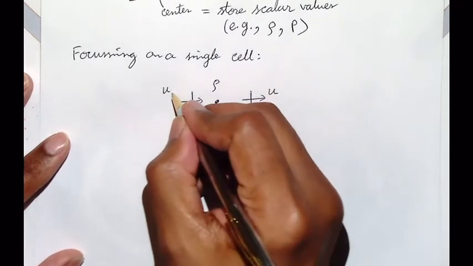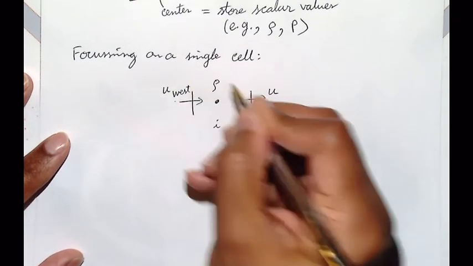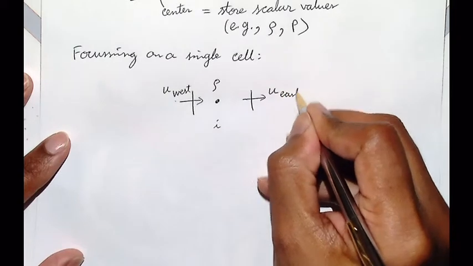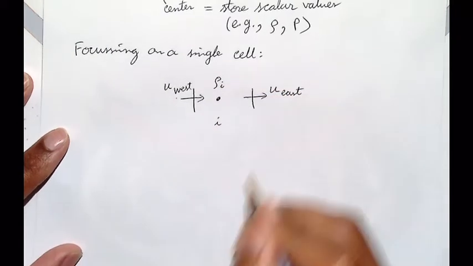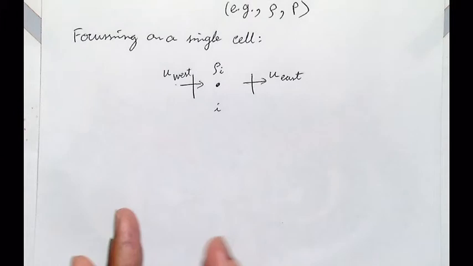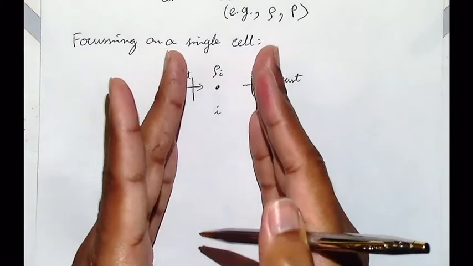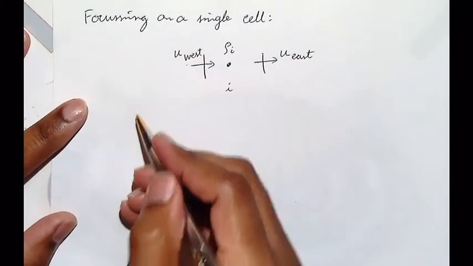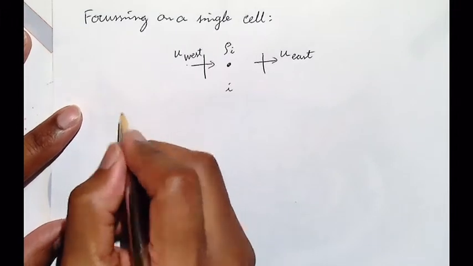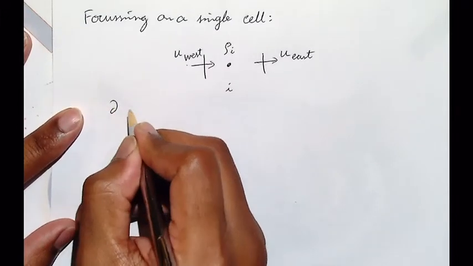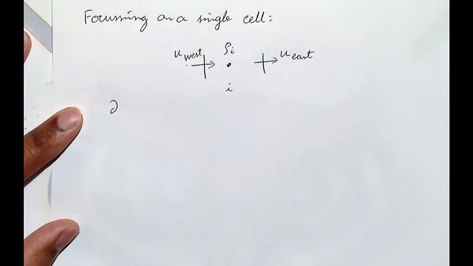So we have U west and U east, and we have rho I. If we start thinking about this single one-dimensional cell, what is the reason that the mass inside will change? How can I write down the mass?